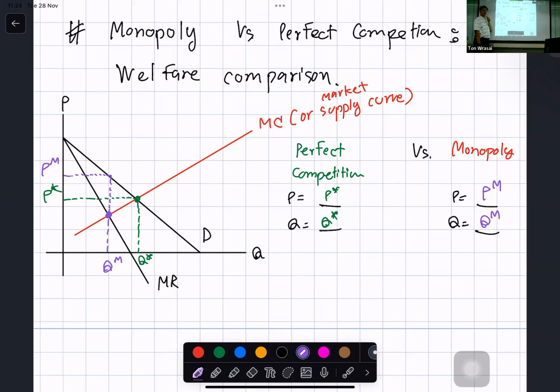Now we're going to compare the price and the quantity bought and sold between the two structures. Consumers would want to live in the world under perfect competition because the price is lower. Consumers also want to enjoy more goods to consume. Q star is greater than QM.